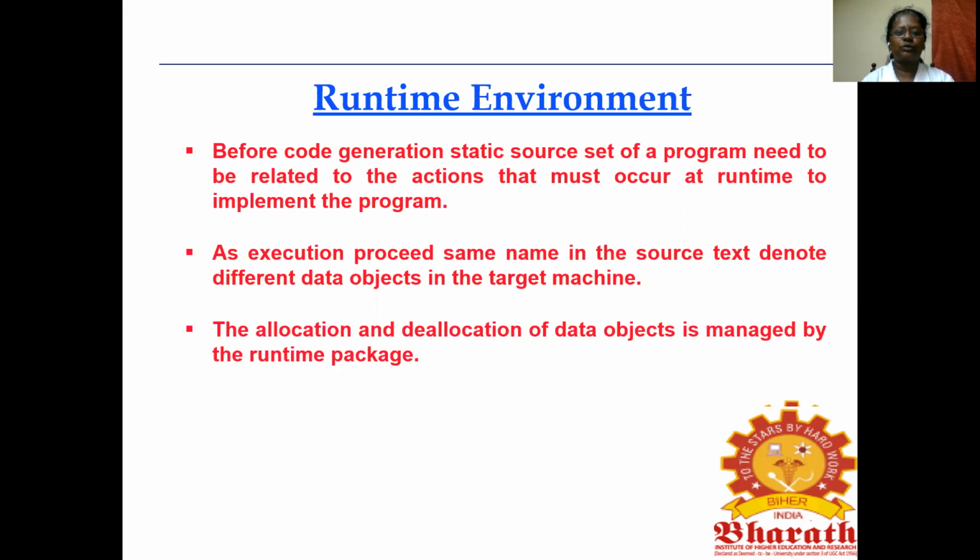As execution proceeds, the same name in the source text can denote different data objects in the target machine. After the execution starts, a name in the source text shows different data in the target machine.